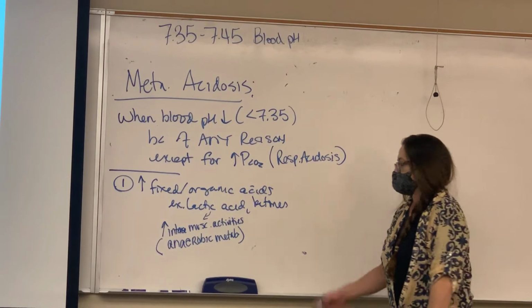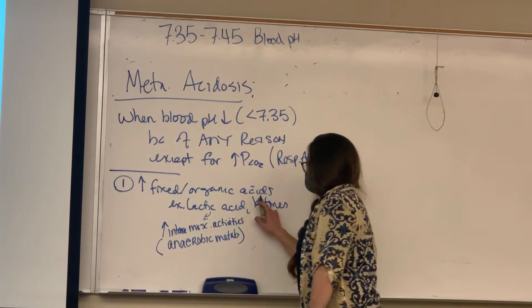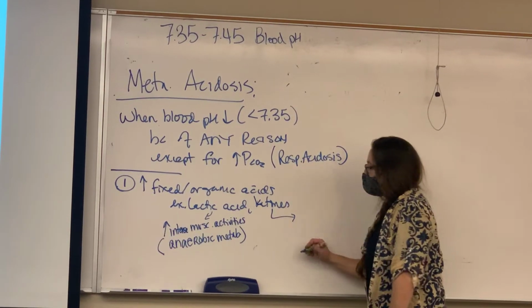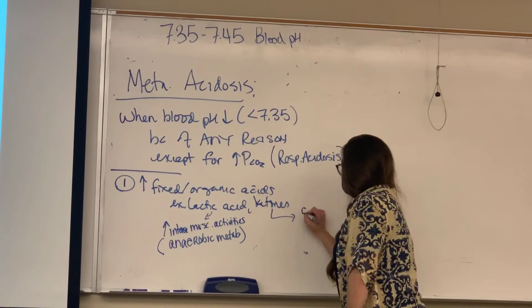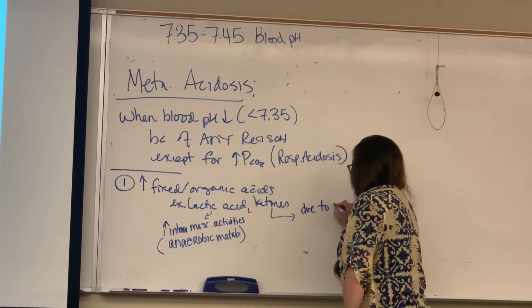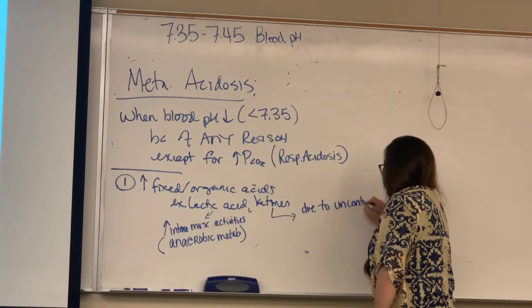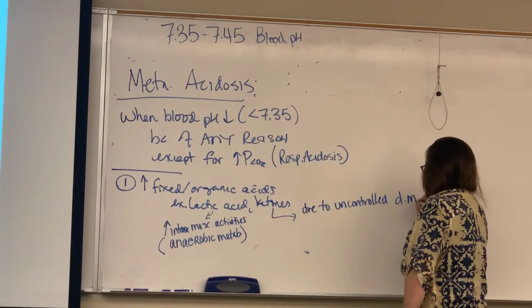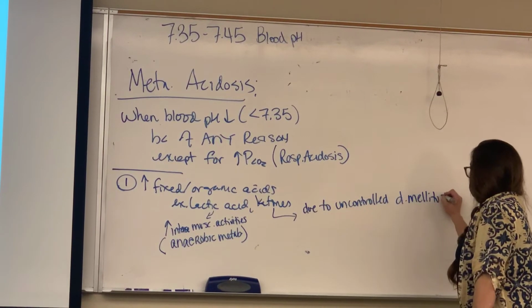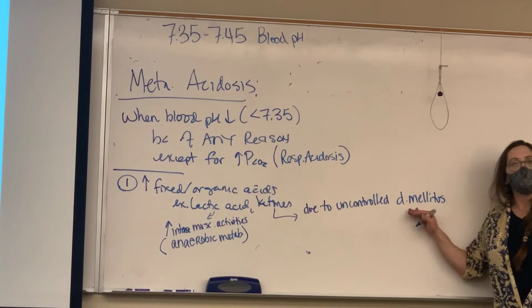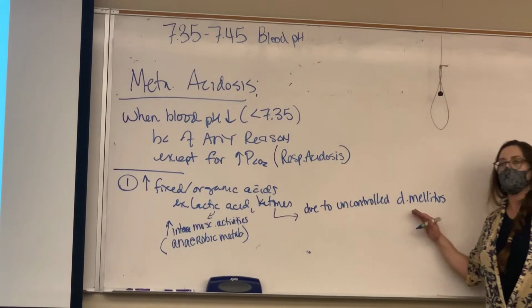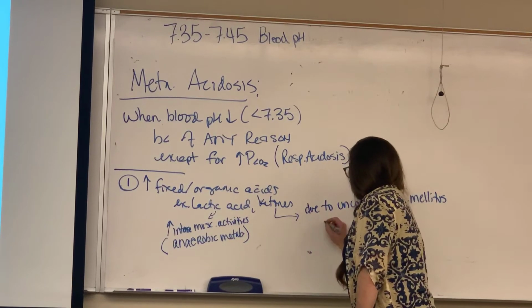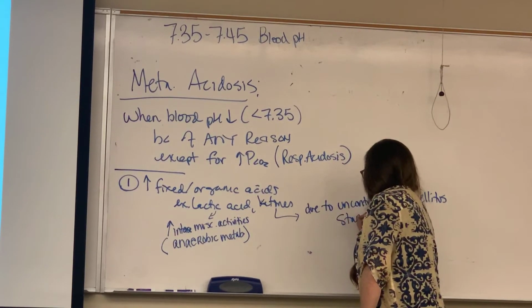Ketones, we said before, you can have ketones produced due to uncontrolled diabetes mellitus, so that has to do with your glucose levels being too high and insulin being too low. Could also be due to starvation.